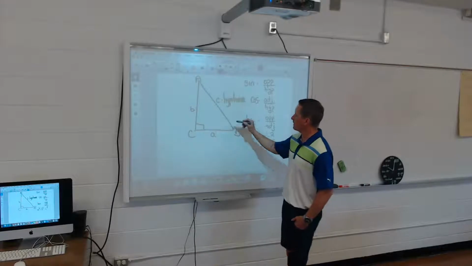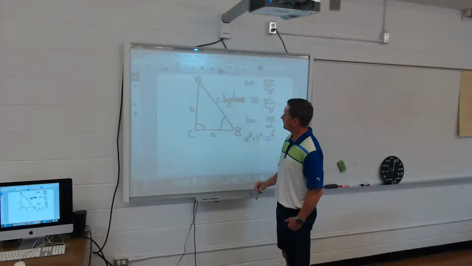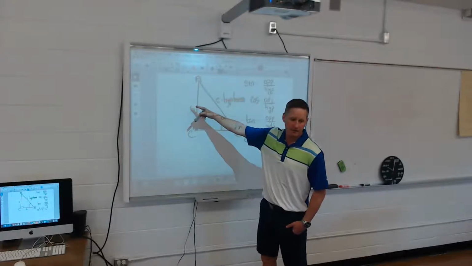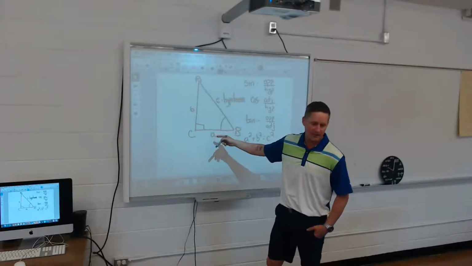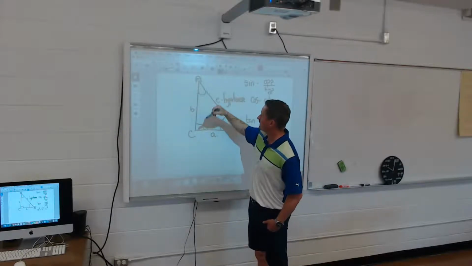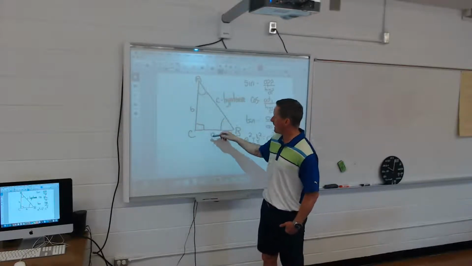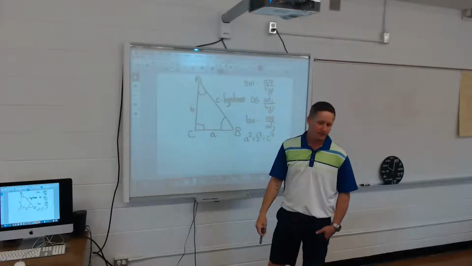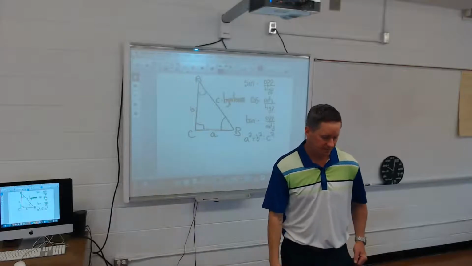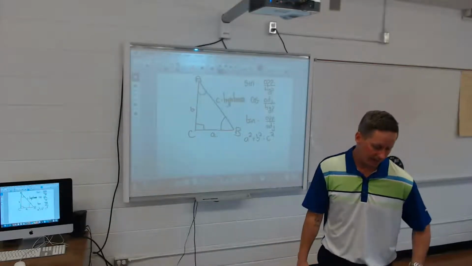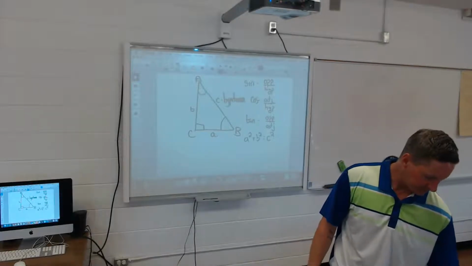For example, if I was talking about angle B, the side opposite would be side B. The side adjacent, the one that's next to it, is A. If I was talking about angle A, the side opposite of angle A is side A. The side adjacent to it is B. You remember all this?